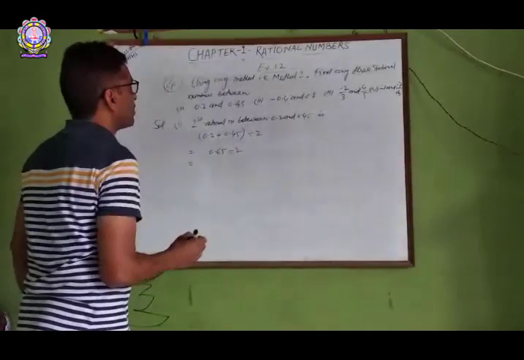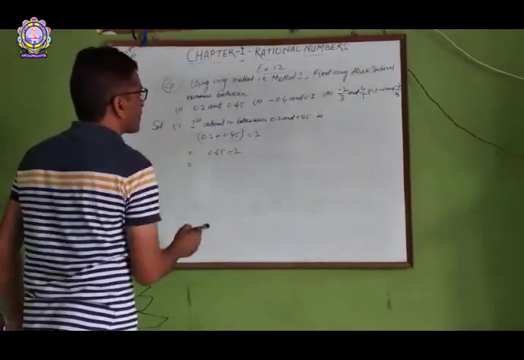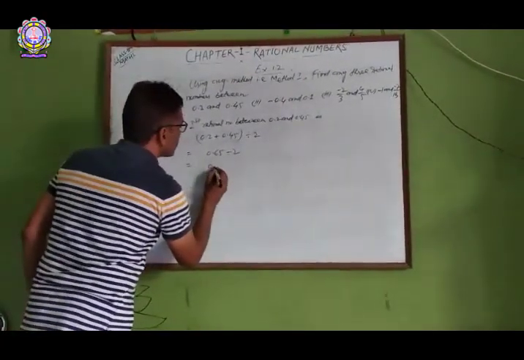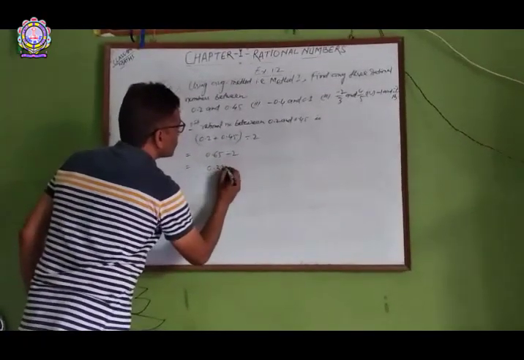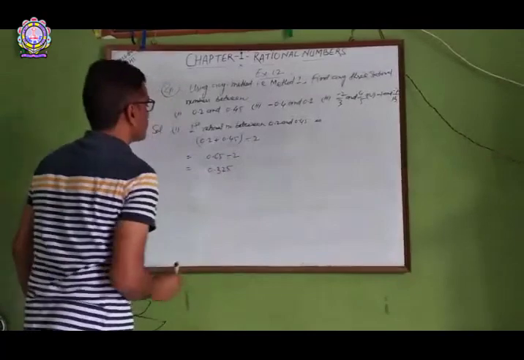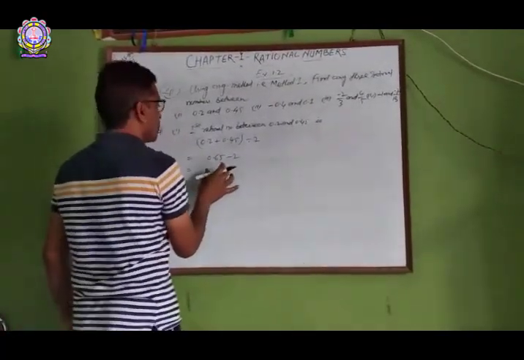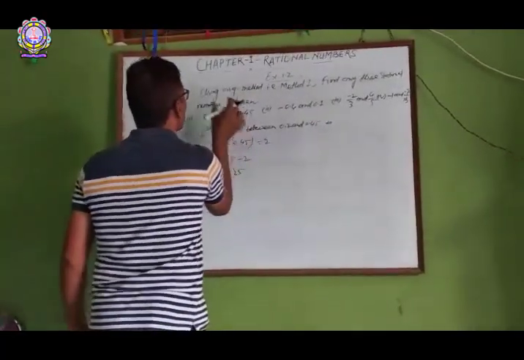We can divide 0.65 by 2, which gives 0.325. This will be one rational number between these two rational numbers.